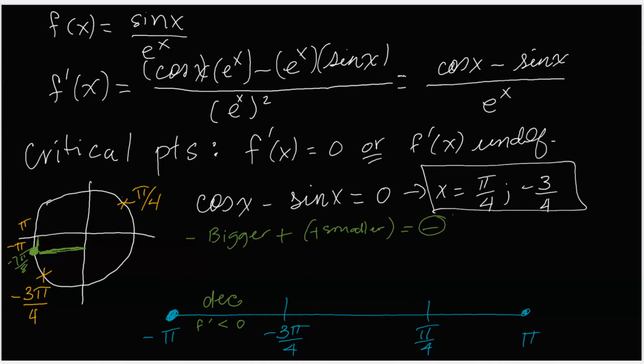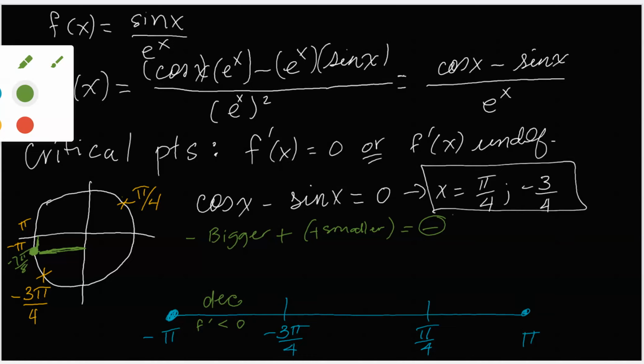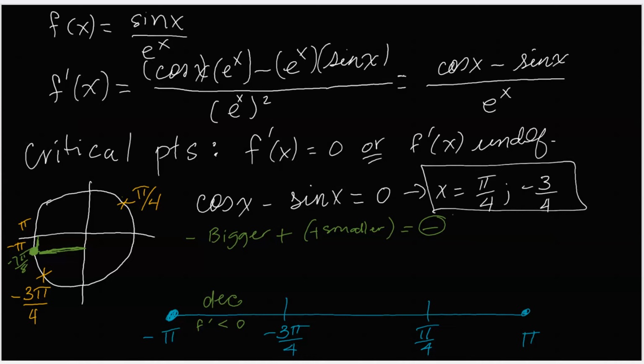Okay, and then what's next? What's next is when x is in between negative 3/4 pi and pi over 4, between a negative and a positive. Let's just pick 0.